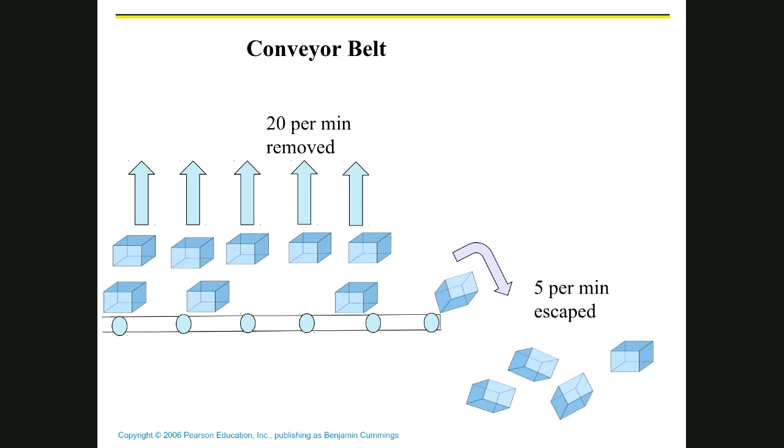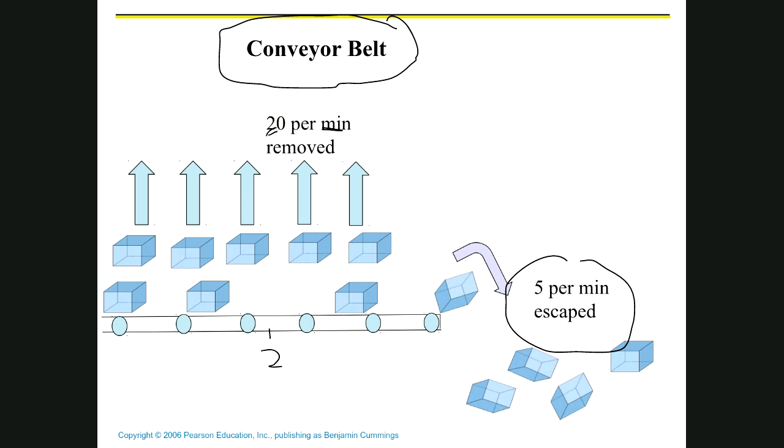So if I wanted to figure out how fast this conveyor belt was going, and I know that every minute 20 of these boxes get removed, and if I sat over here and counted how many did not get removed, I could figure out how fast this was going. Look, 20 are removed, 5 escape, this is going at 25. Does that make sense?